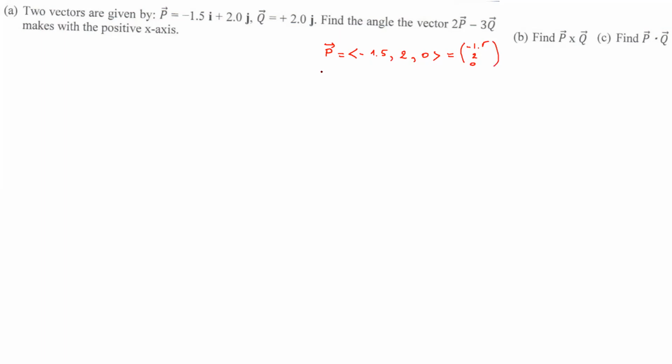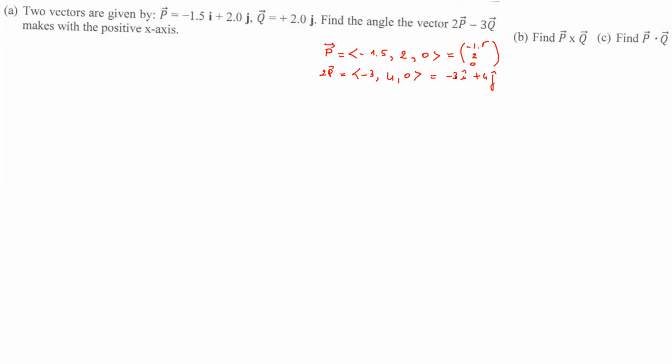So that means that 2P, of course, will be this multiplied by 2, so minus 3, 4, 0. In other words, if I write it in unit vector notation, you will have minus 3 i hat plus 4 j hat.